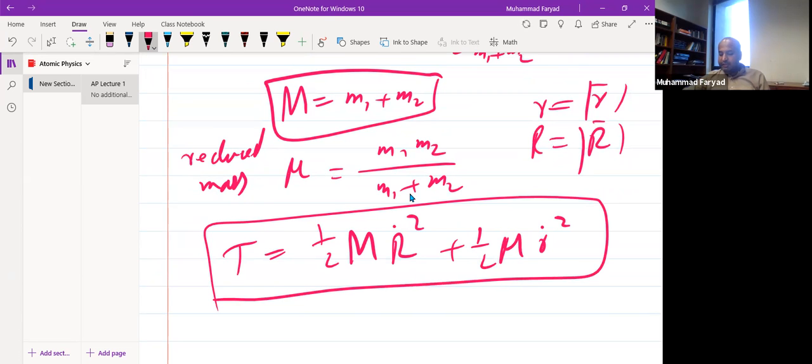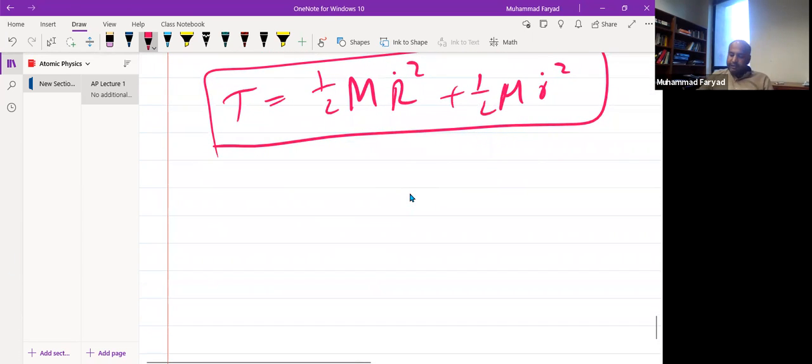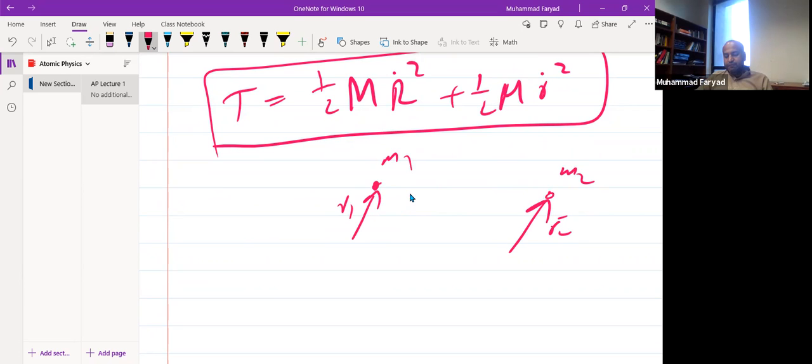So it means that for the kinetic energy of the two particles, this had position vector R1 and this had position vector R2. Instead of thinking of the kinetic energy of this particle and kinetic energy of this particle, we can think like this: kinetic energy of the center of mass.